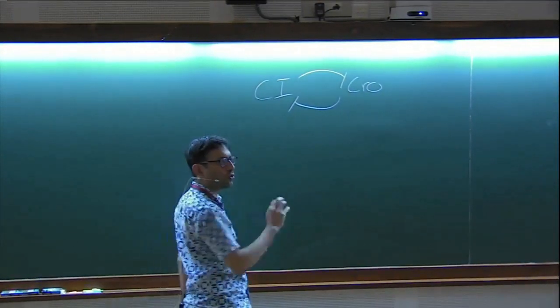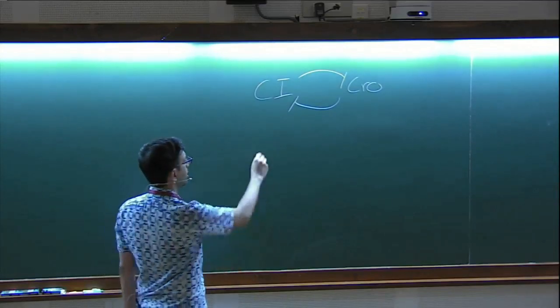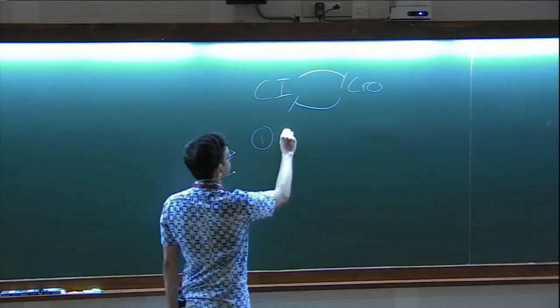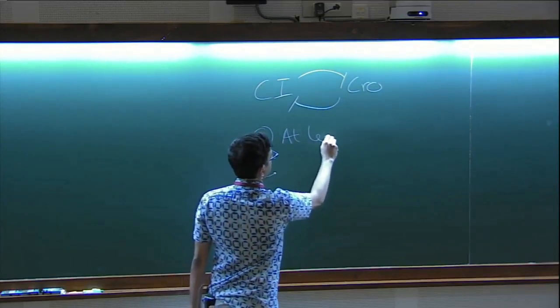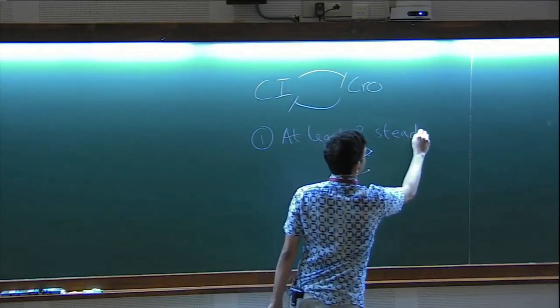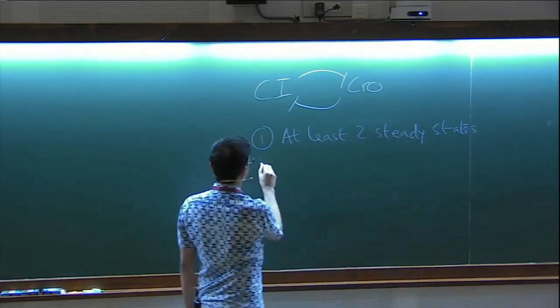So if you want two states and bistability, the notion has two parts to it. One is that you want at least two steady states. Right?